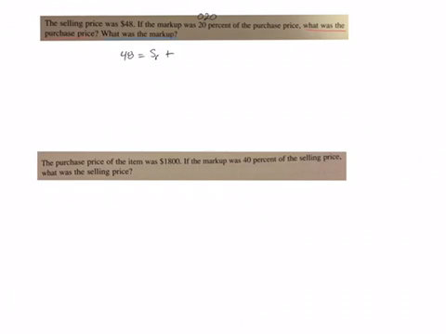So 20% of a number, you just multiply the decimal version of it times the number. So this is going to be 0.2 P, 20% of the purchase price. Just don't accuse me of saying PP.